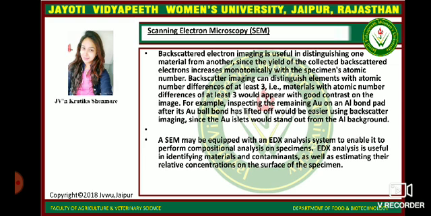For example, inspecting the remaining gold on an aluminium bond pad after its aluminium ball bond has lifted off would be easier using backscatter imaging, since the gold isolates would stand out from the aluminium background.